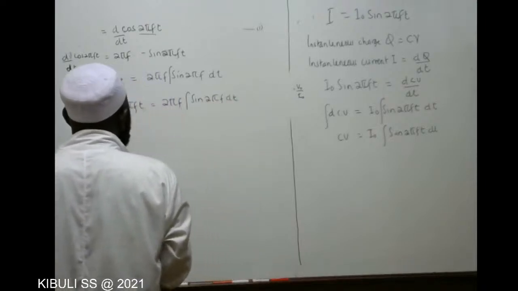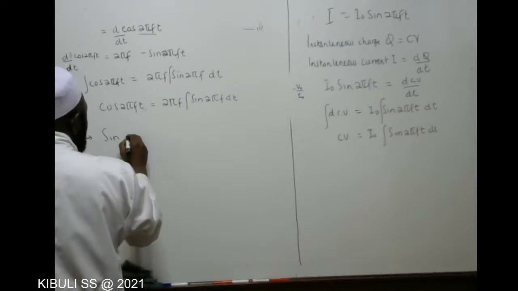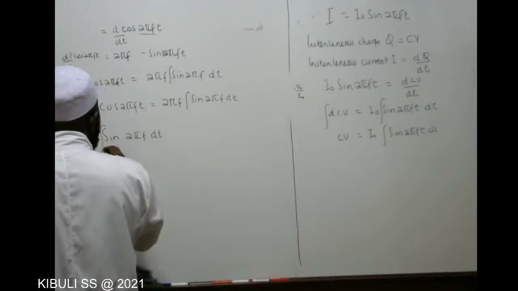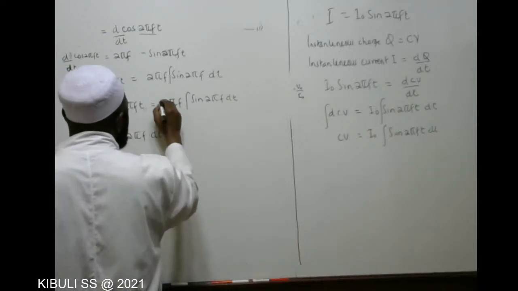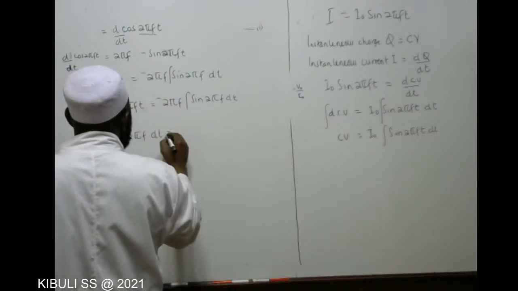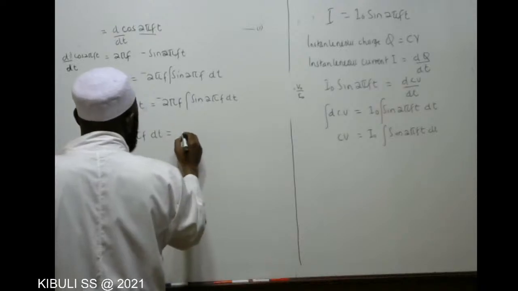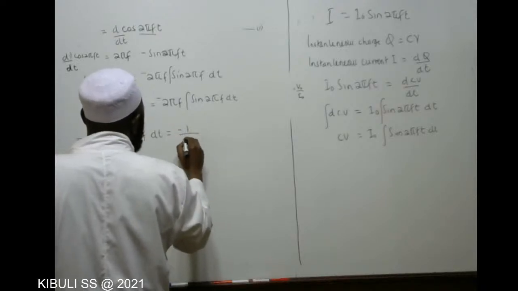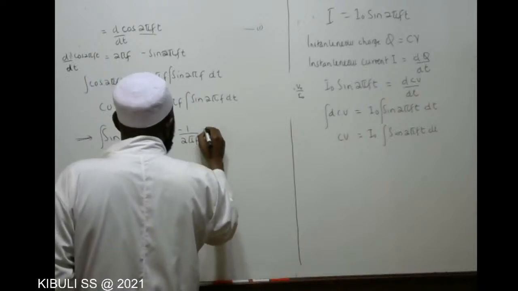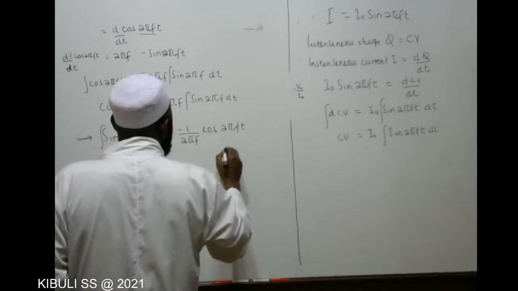So eventually we end up having that the integral of sine 2 pi ft dt is going to be equal to, remember our negative, we're carrying it over, so this one is now going to be equal to, we divide 1 over 2 pi f, cos 2 pi ft.